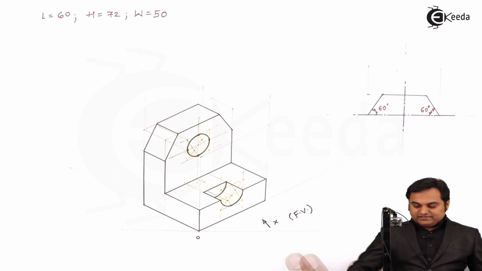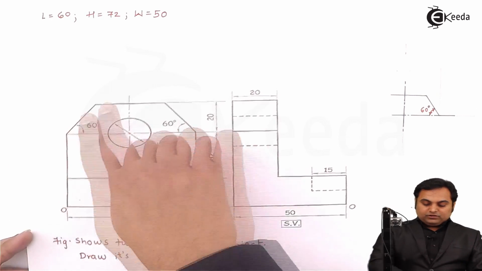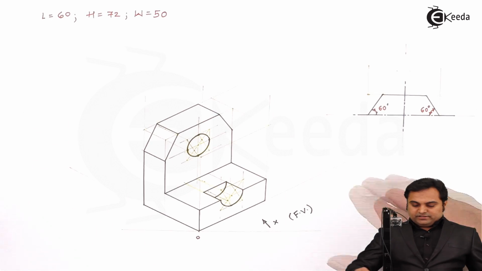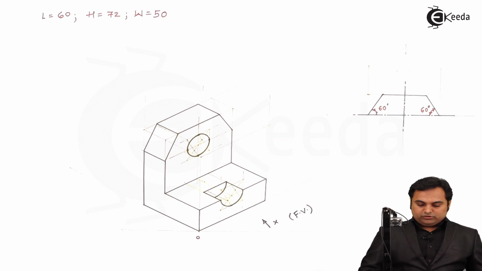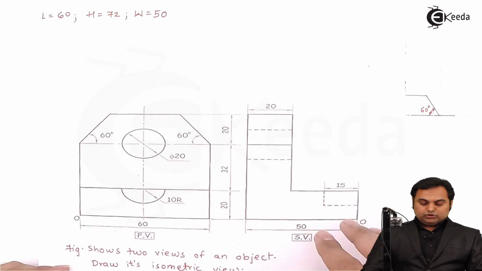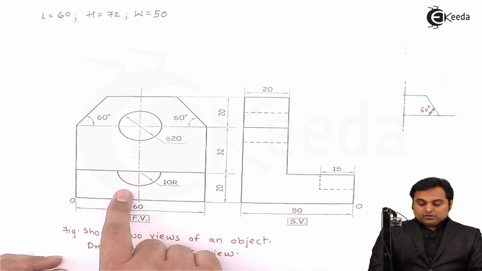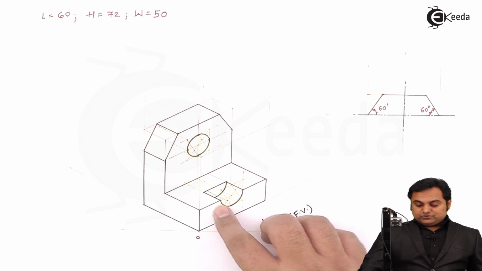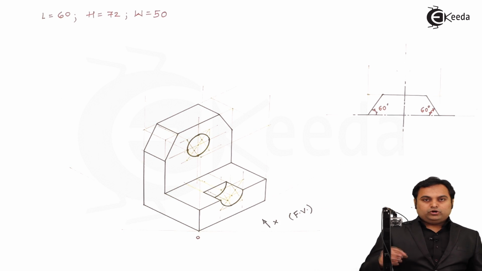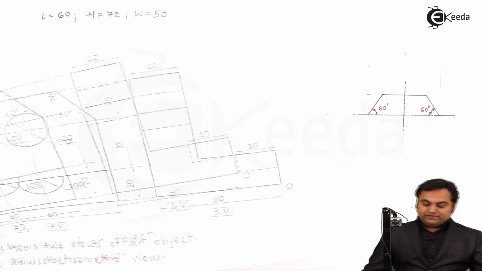If I am looking from front, the object looks like this: the vertical plate is seen along with the circular hole and inclined lines. The horizontal plate is seen which has a semicircular hole in it. So here there is a semicircular hole or groove up to 15 mm depth.